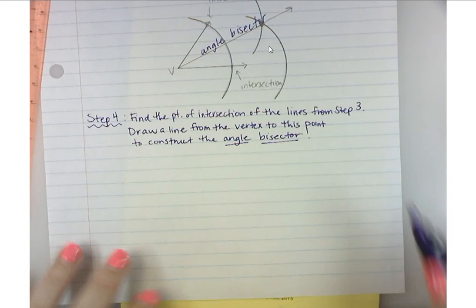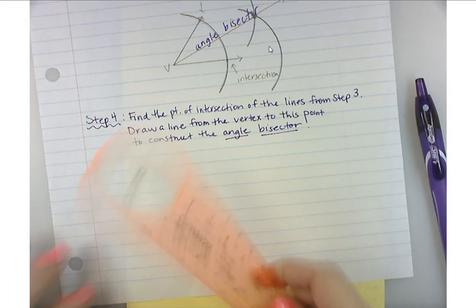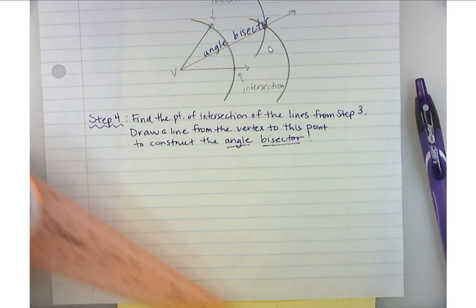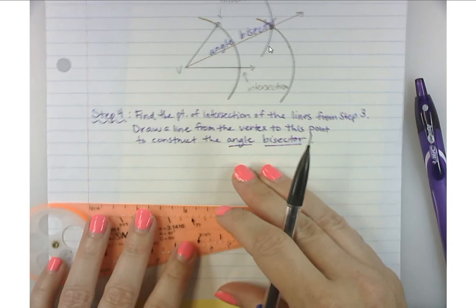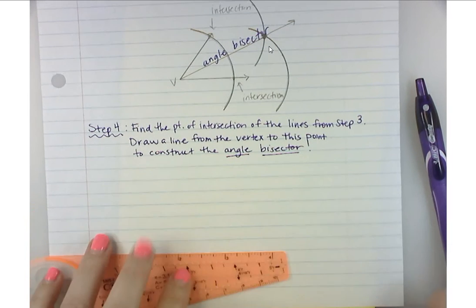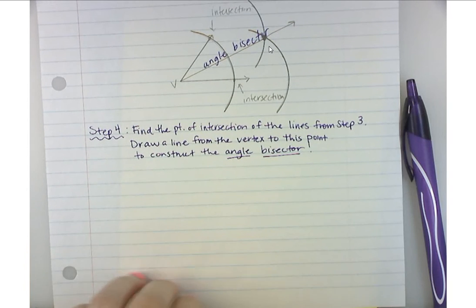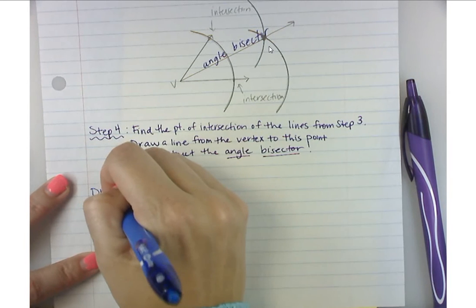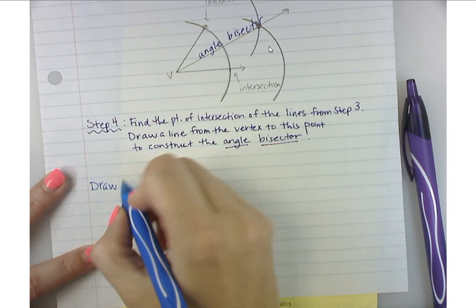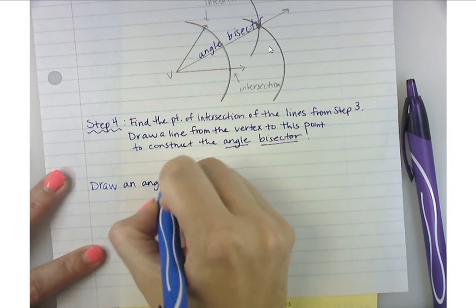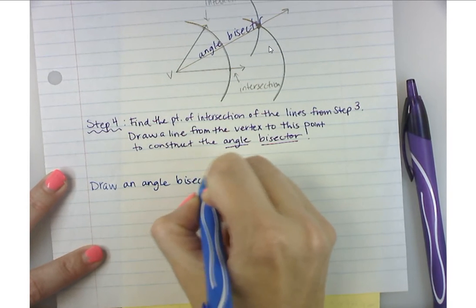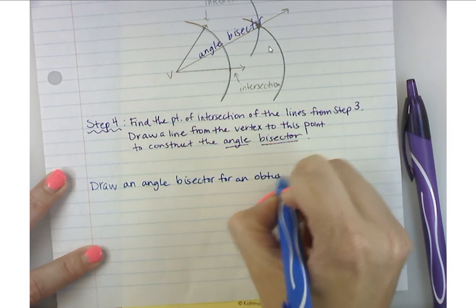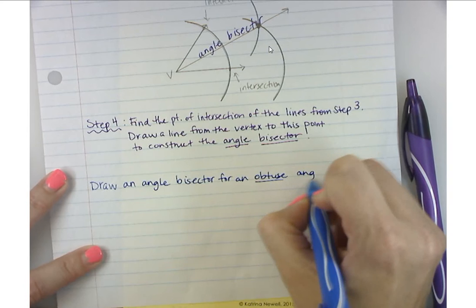Okay, so when we do the different angles, we'll do those in class. That's why I had you write down your steps. Okay, if you have that on like a test or a quiz, then I would give you those so that you would have them. And then what I want you to do is you are going to draw an angle bisector for an obtuse angle. So we just did one for an acute angle.